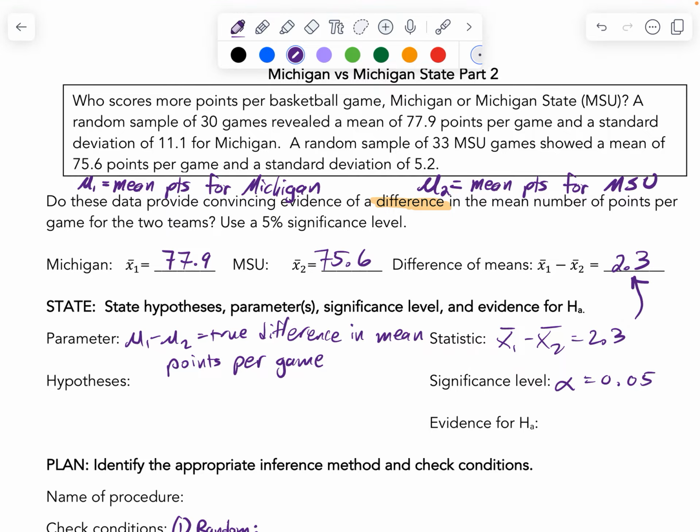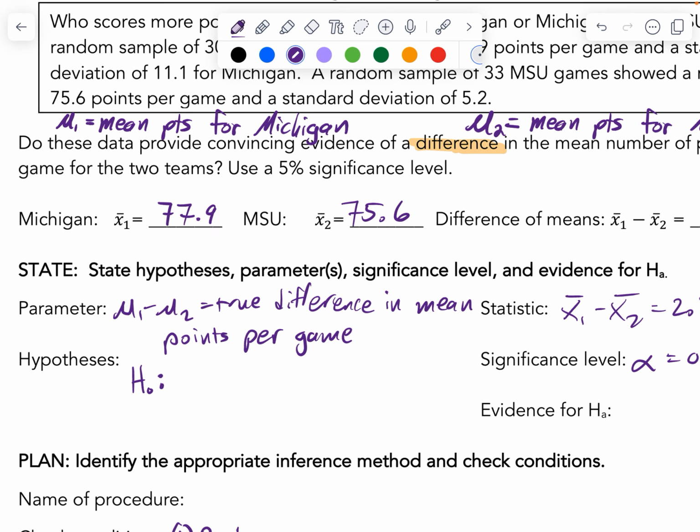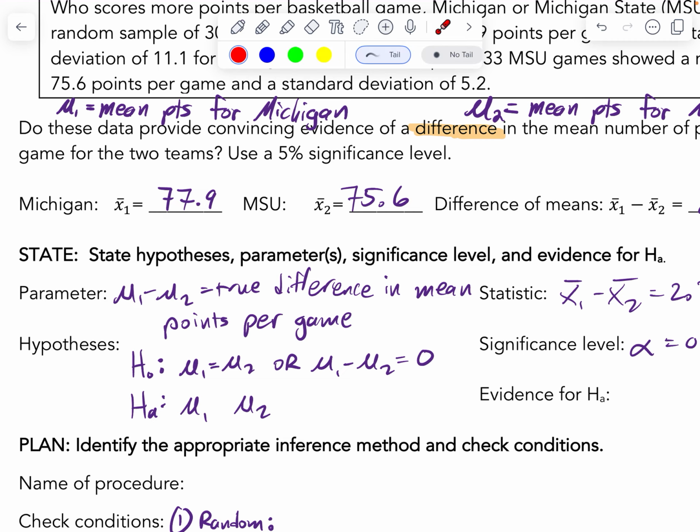Okay, my hypotheses, we did this before break, it's been a while. Remember, the null is always that the two schools are the same. So you could say mu1 equals mu2, or you could say mu1 minus mu2 is 0. HA is that you put a less than here, a greater than here, or maybe a not equal to. Well, you let this word guide you right here.